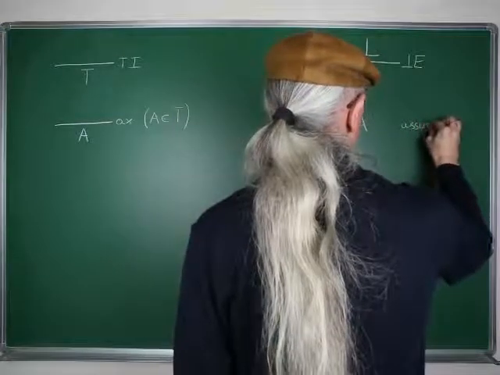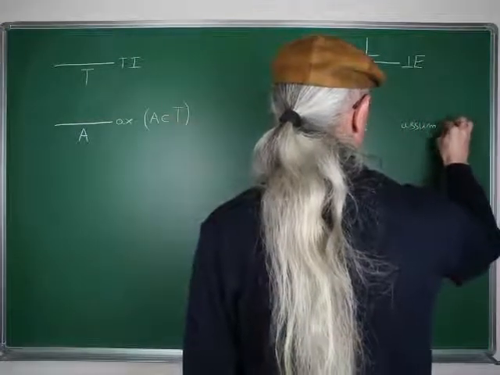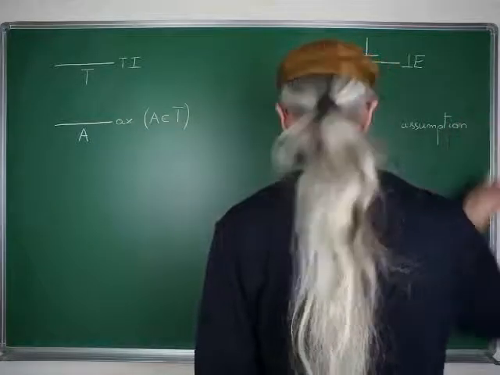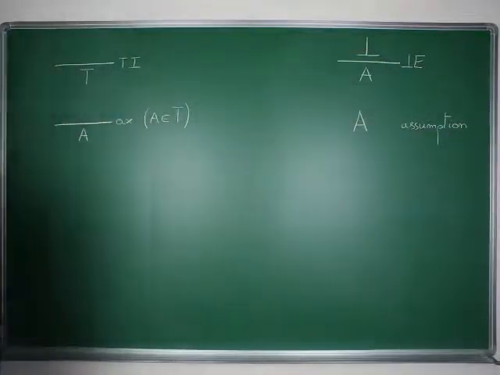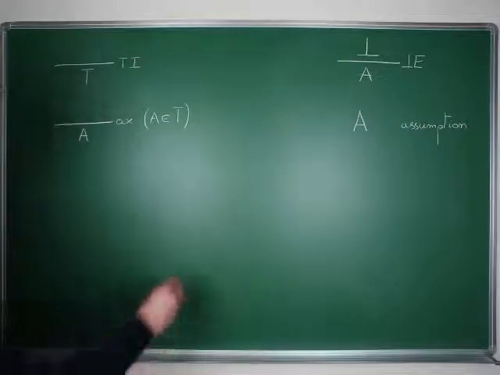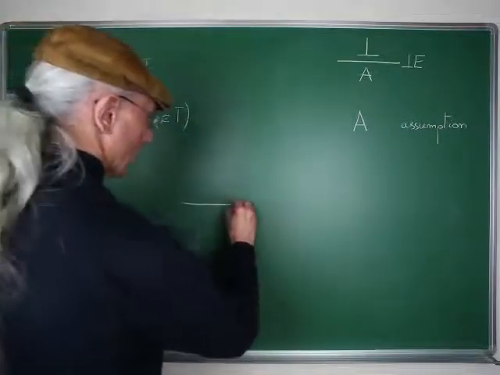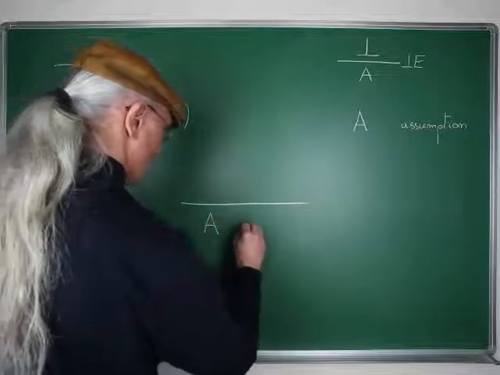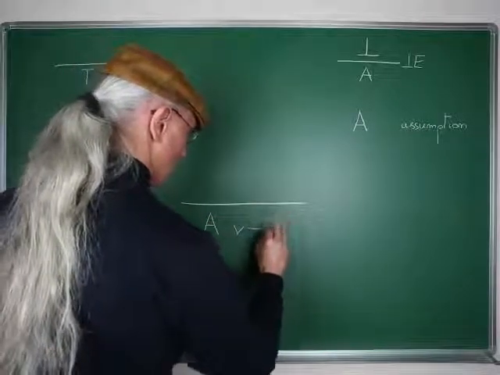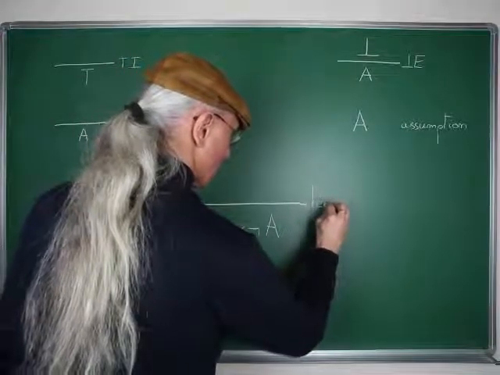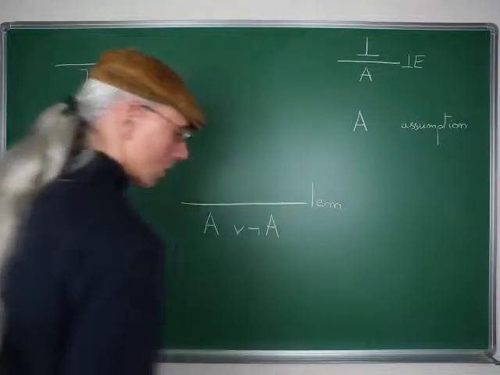This is not a problem, since they are the leaves of a proof tree. The law of excluded middle is given as an axiom for every formula A. We prefer to avoid it whenever possible, for reasons that will become apparent much later in the course.